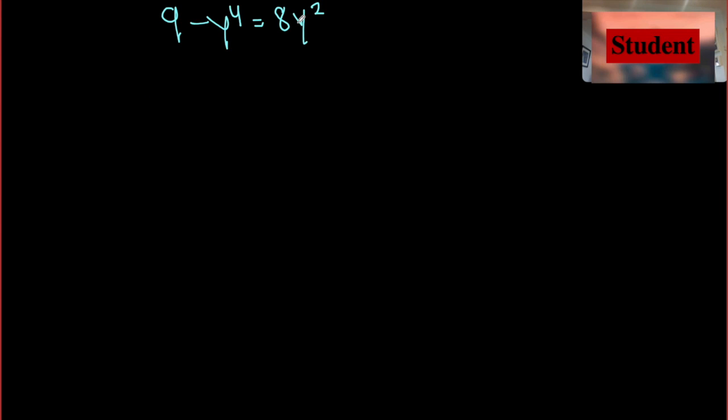Let's bring everything to one side. So can I write 0 is equal to y⁴ + 8y² − 9? See, it's looking similar to a quadratic equation, but it is not a quadratic equation. So what I will do, I will assume y² as t.